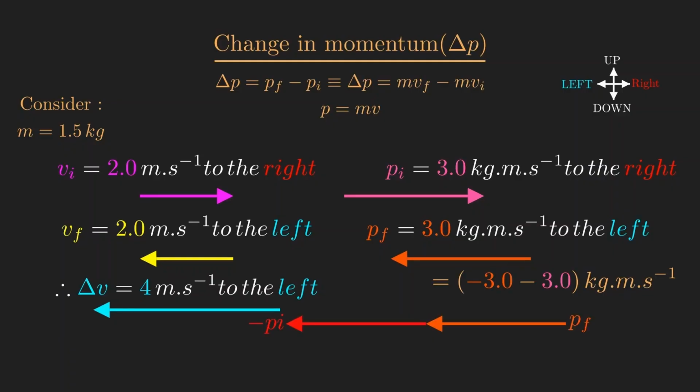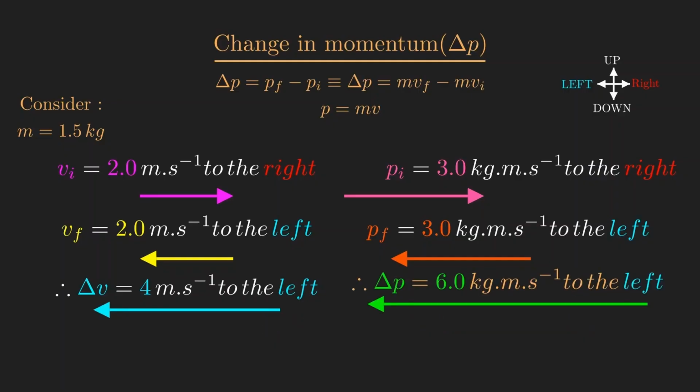Then we add the P final. Minus Pi has the same magnitude as Pi, which is 3, and the magnitude of P final is also 3. So we expect the resulting vector to be -6, or 6 to the left. So delta P is 6 kilogram meters per second to the left.